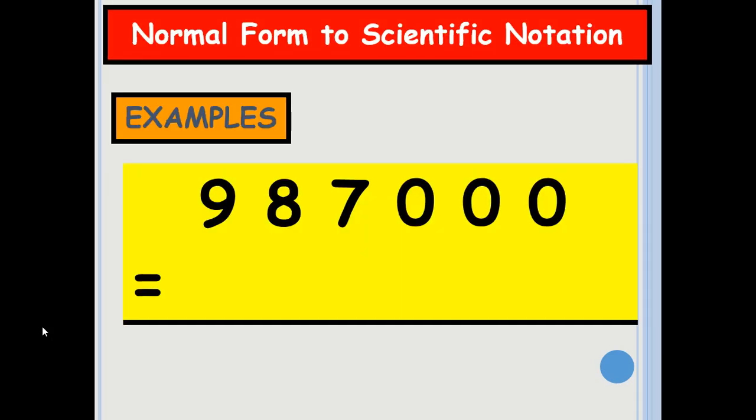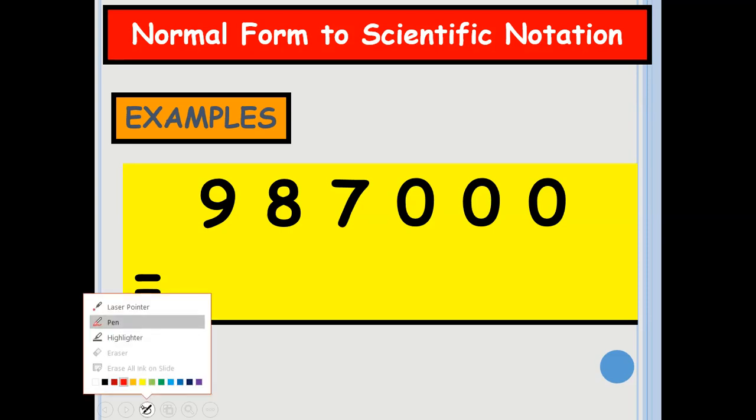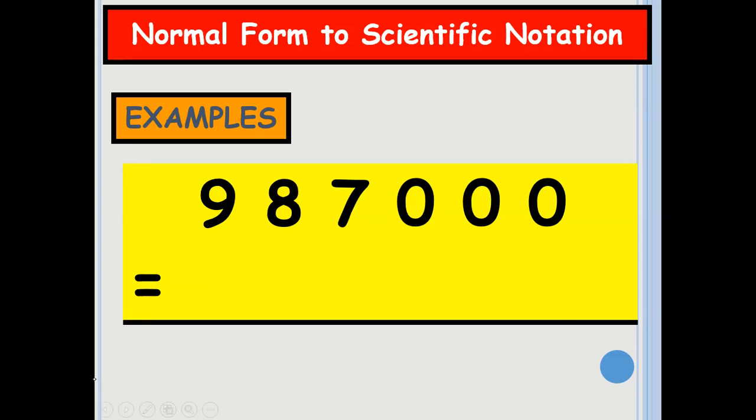So let's look at some examples. We've got 987,000 and we want to write 987,000 in scientific notation. So let's think about what those rules were one more time.